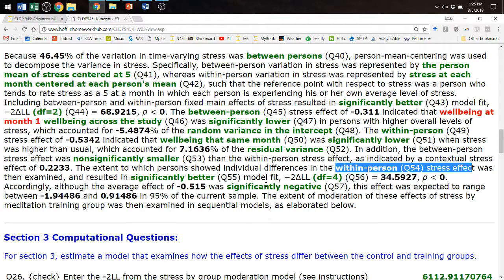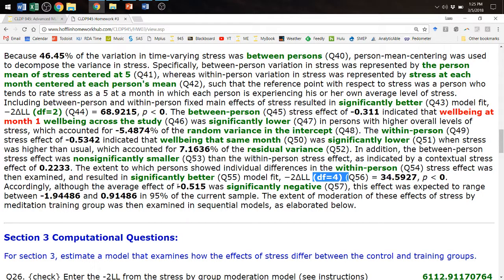So the level 1 within person stress effect can vary randomly over people at level 2. And because we already have 3 random effects in the model at this point, random intercept, linear time, and quadratic time, we've added a 4th random effect, and that means it's degrees of freedom 4. We've added the random slope variance for the within person stress effect, plus its 3 covariances with the terms that are already there.